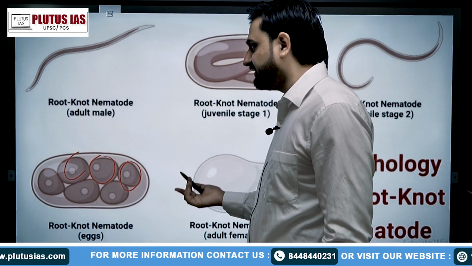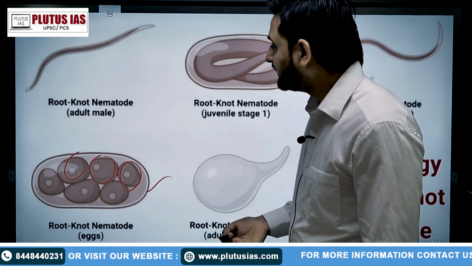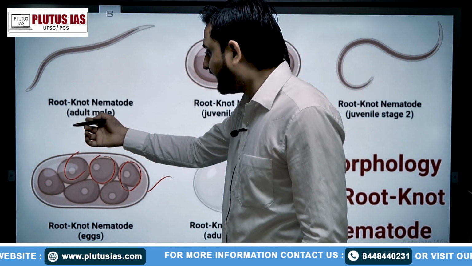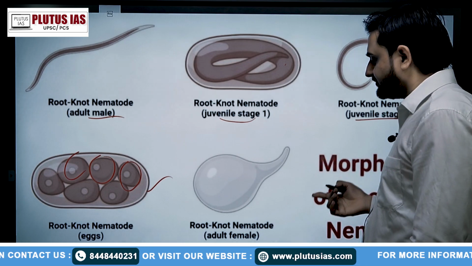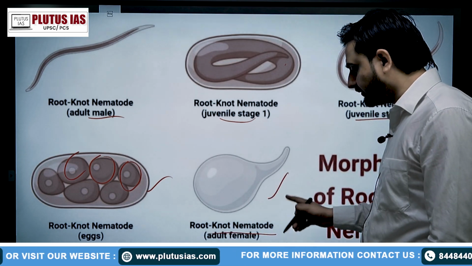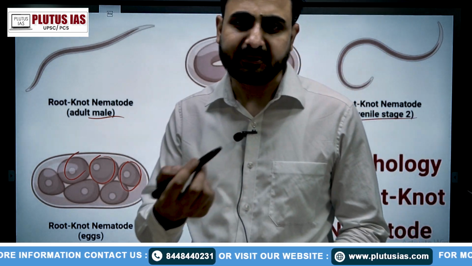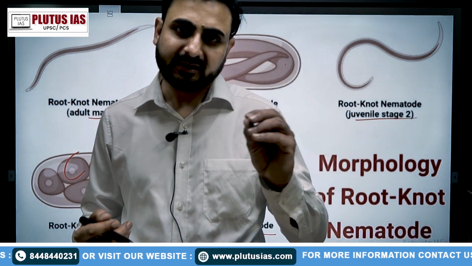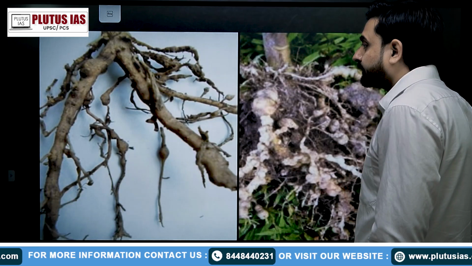Then some of the female nematodes may lay eggs, etc. And this is the adult male nematode, juvenile stage. This is juvenile stage 2. And root knot nematodes suck the sap of the roots. Sap means they suck the liquid of the roots.